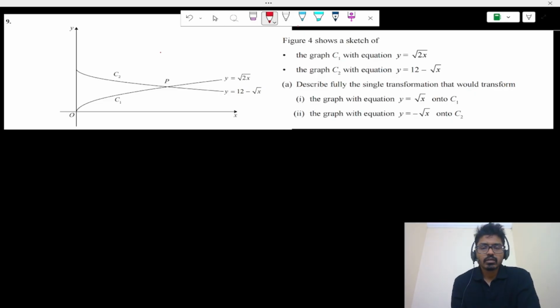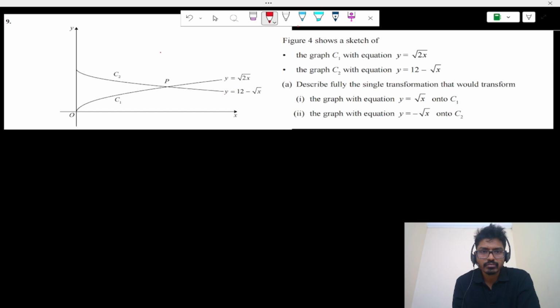So today in this video, we are going to solve the question paper of May 2025, question 9. In question number 9, it says that the figure shows a sketch of the graph C1.